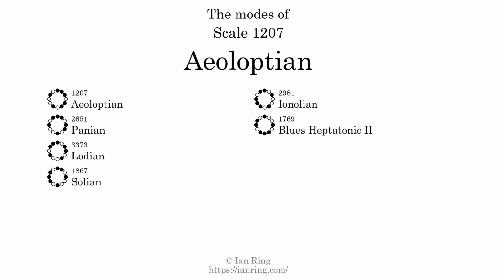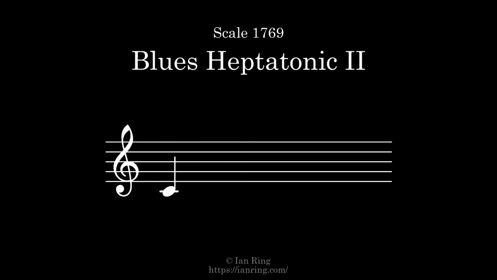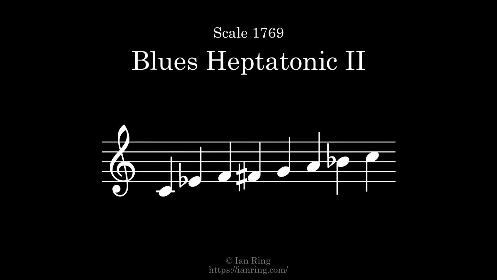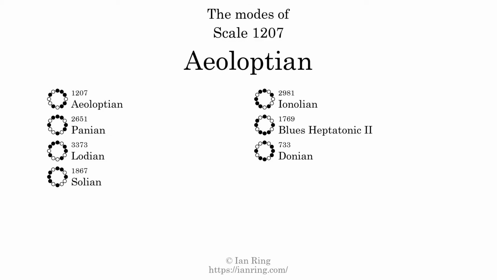The sixth mode is scale 1769, also known as blues heptatonic 2. It sounds like this. The seventh and last mode is scale 733, also known as Donian. It sounds like this.